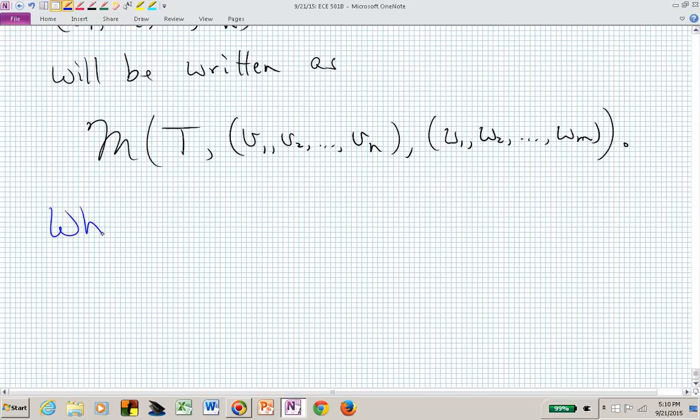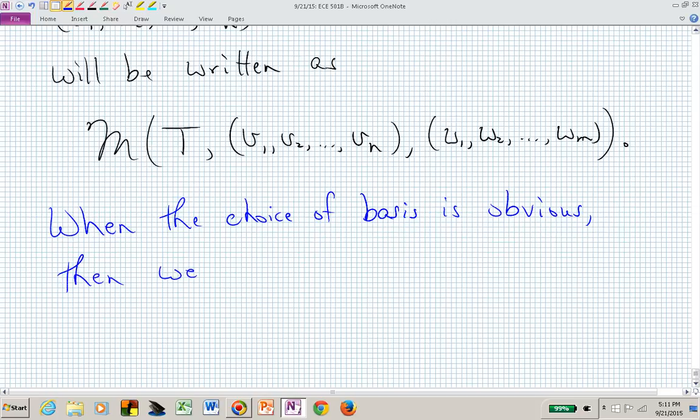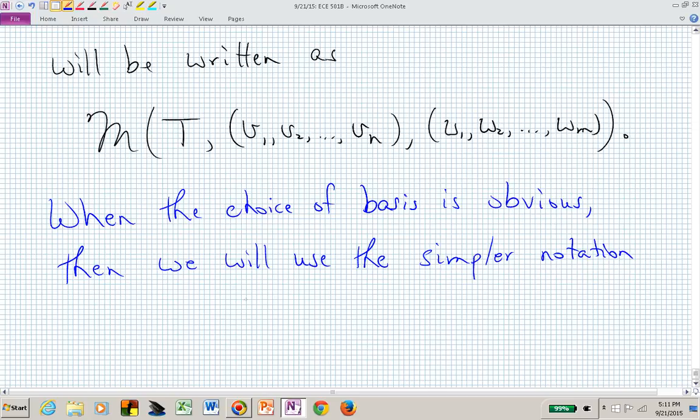When the choice of basis is obvious, then we will save our hand and we will shorten down the notation. Then we will use a simpler notation where it's just script M of T.